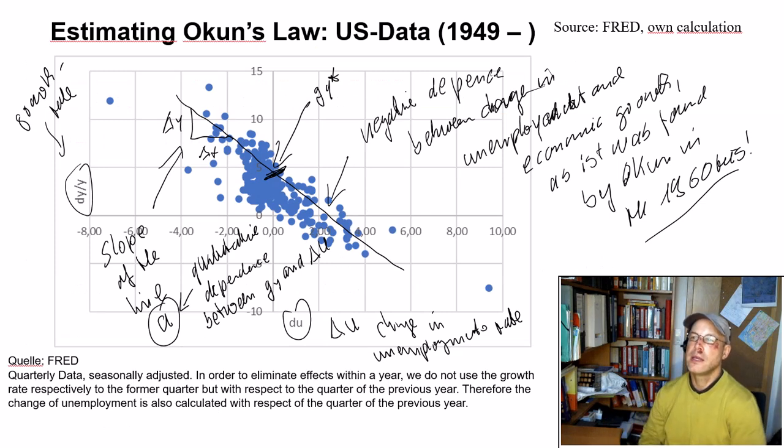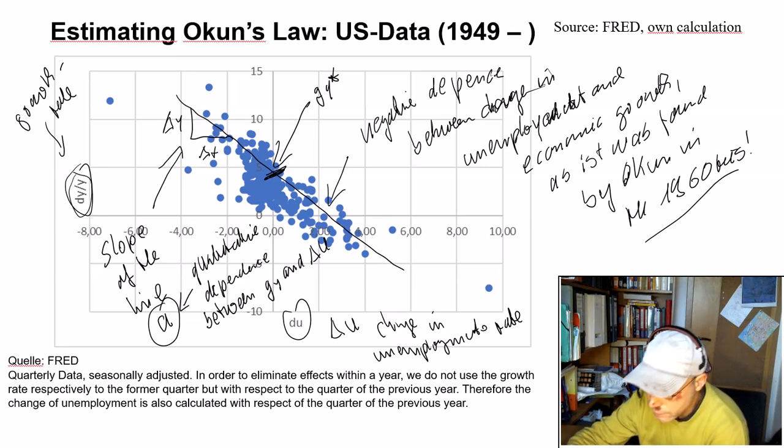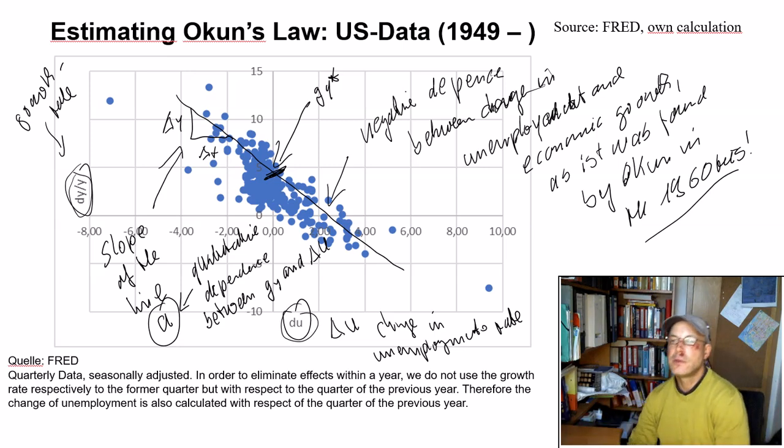And here I showed you the US data from 1949, where we just plotted GDP growth versus the change of unemployment, for every year since 1949. In this case, we find, not very surprisingly, this negative dependence.